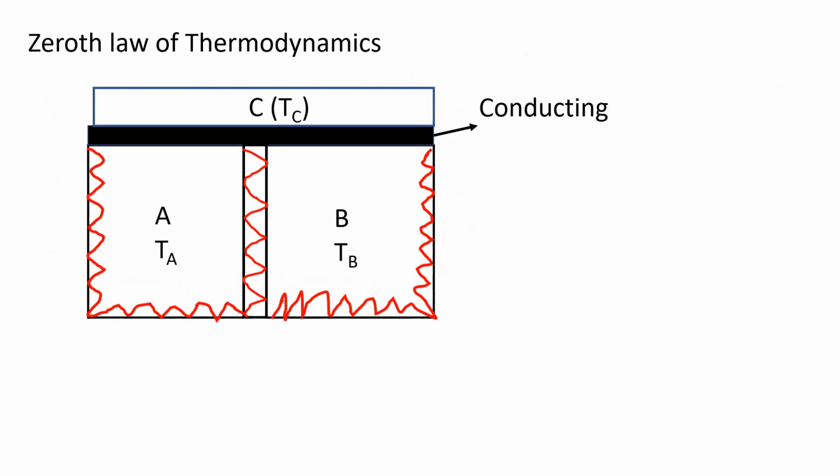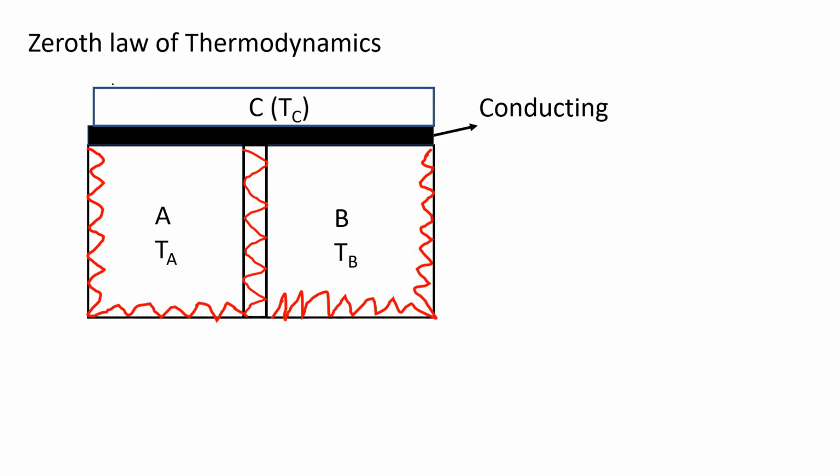Okay. Now coming to the zeroth law of thermodynamics. See, here this is one system A, temperature is TA. This is another system B, temperature is TB. They are kept in an insulated closed container. Even the boundary between them is also insulated. This is one condition.